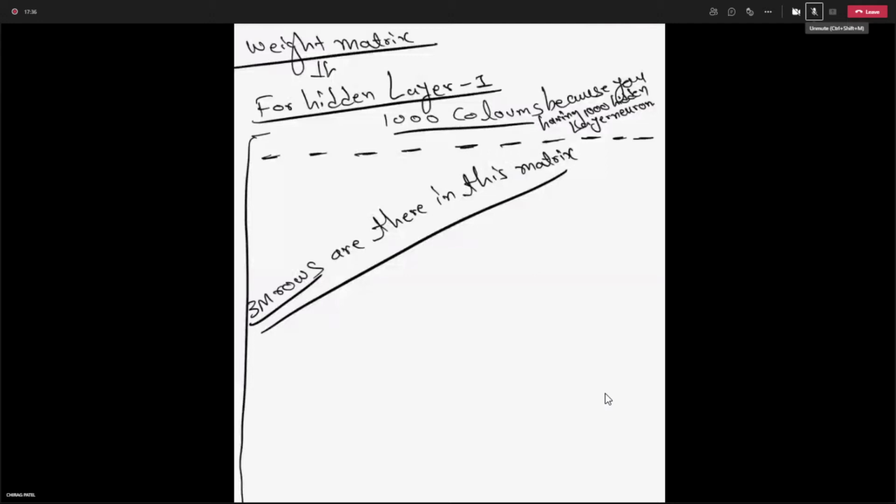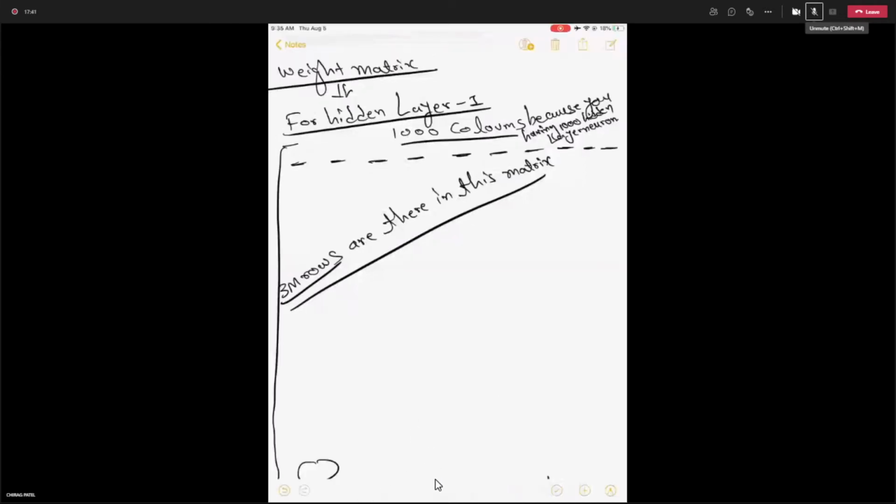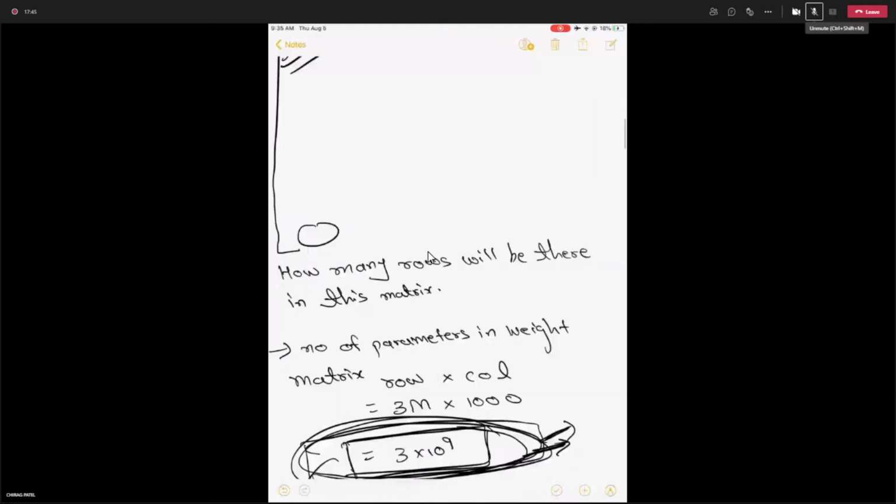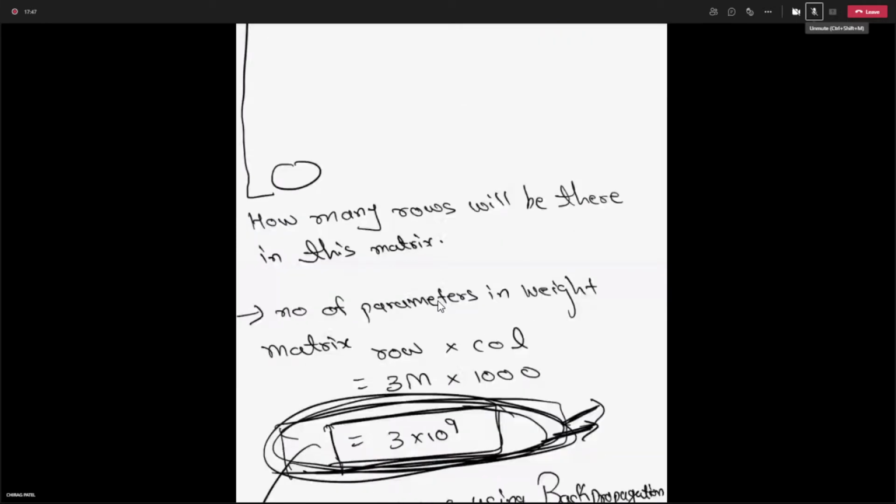If you calculate the hidden layer 2 weight matrix, it has even more parameters. So every time we need to update 3 into 10 raised to 9 parameters, and updating so many parameters means it has huge computational complexity.